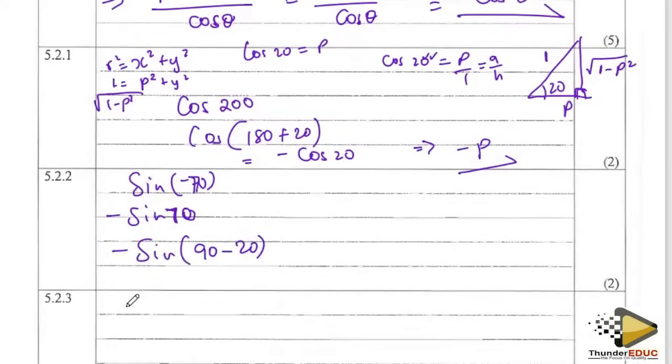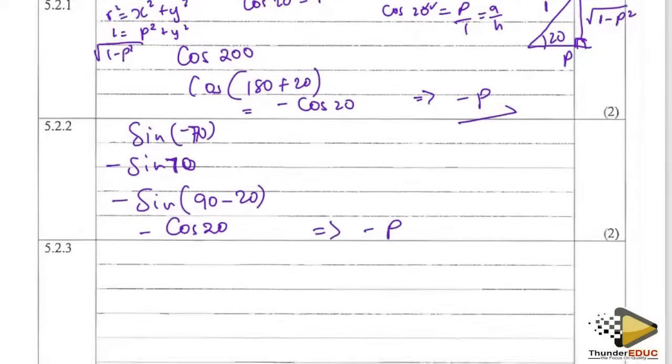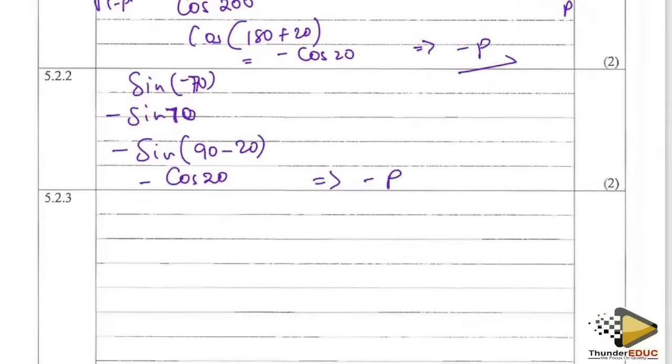If I use 90 minus 20, this is still complementary, so it's going to be negative, but with a cos of 20. Which is the same as the previous question, which means our answer is a negative p.